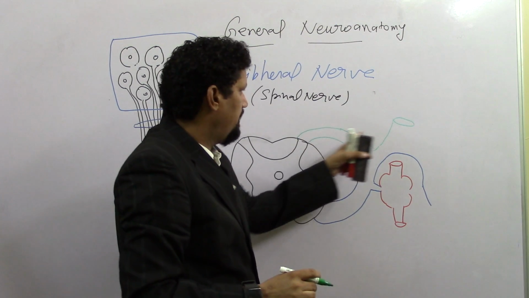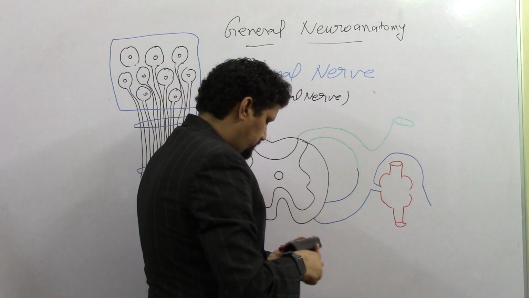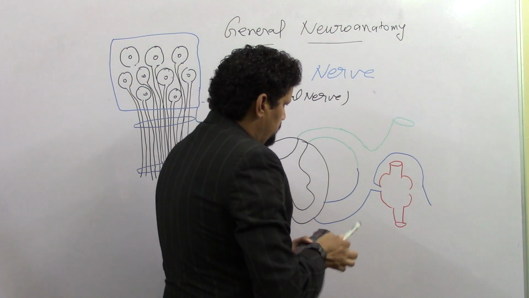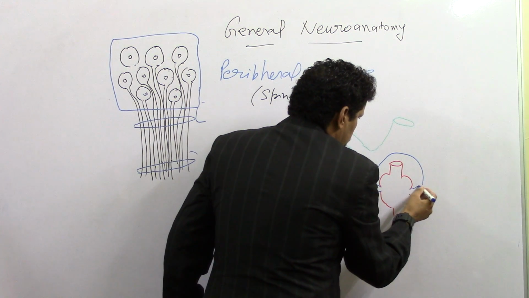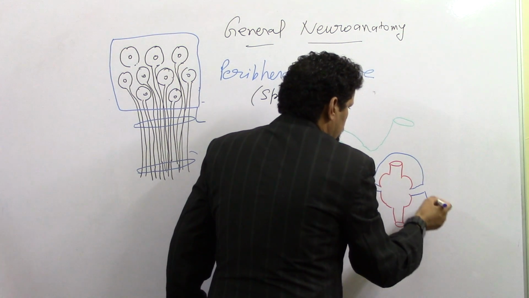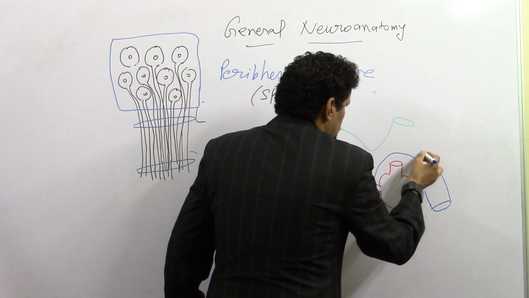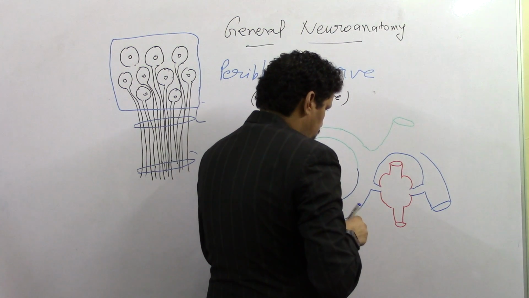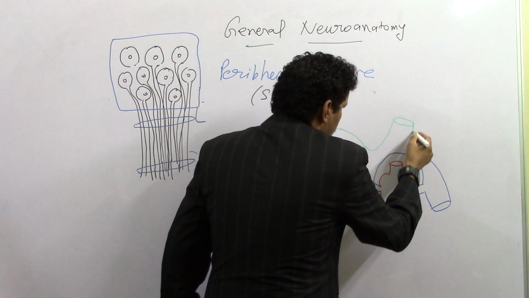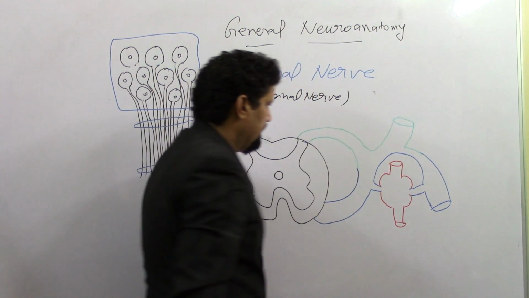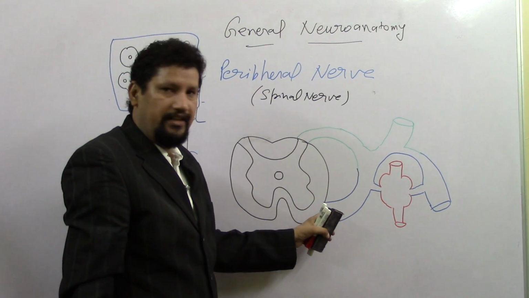This is dorsal root and this is dorsal ramus. So this is a typical spinal nerve having a dorsal root, ventral root.